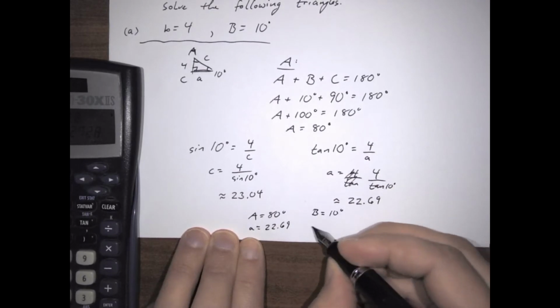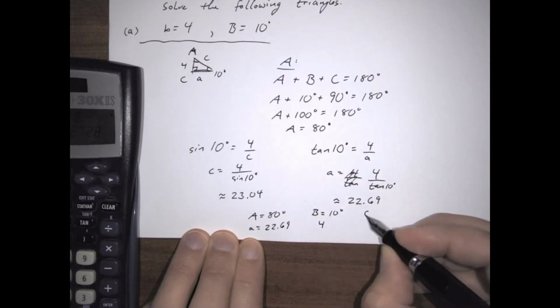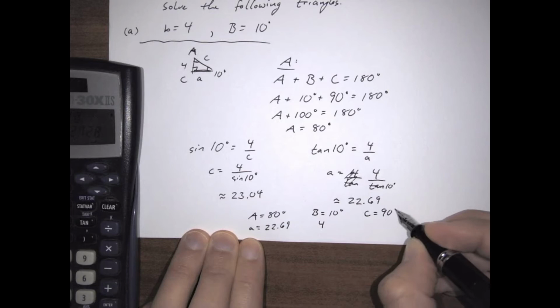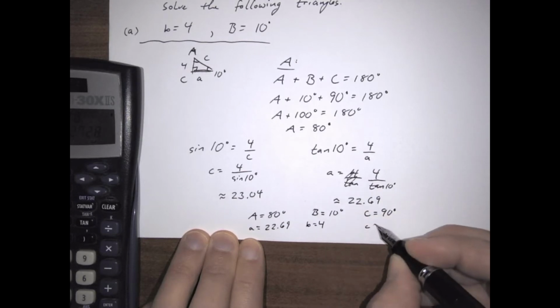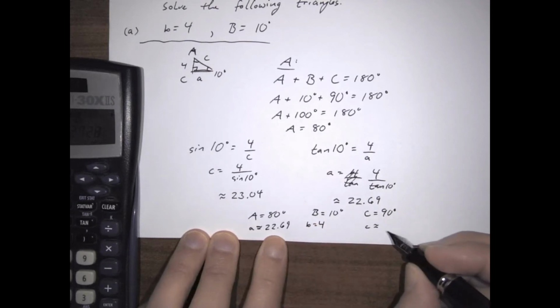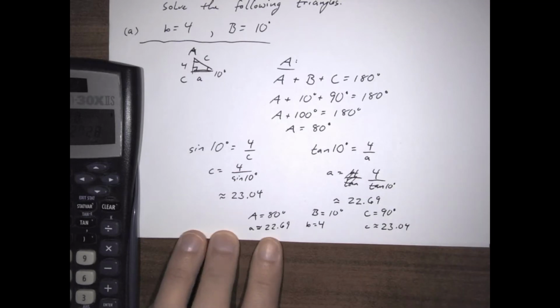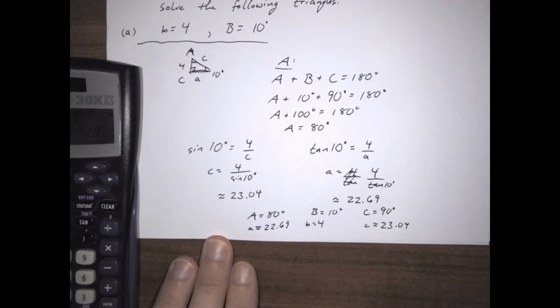B is 10 degrees, little b was 4, and then C is 90 degrees as always, and little c is approximately 23.04. And then a quick check to make sure this makes sense. The hypotenuse should always be the longest side. So the longest side of any triangle will always be the hypotenuse. And so does that make sense? Yep.